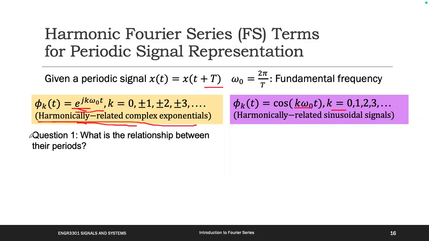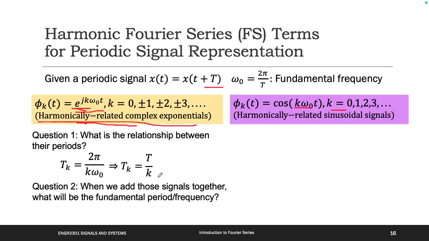But here there is a key, which means you just add a k here. Based on a different k, it has a different period, am I right? So which means T_k will equal T over k, that makes sense to you? Because 2 pi divided by omega naught is T, the fundamental period.